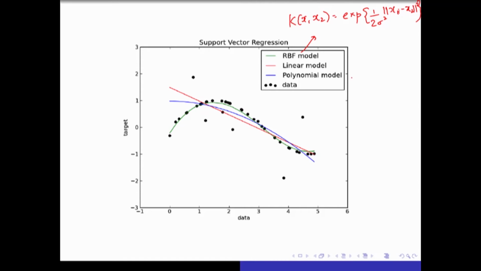The polynomial model has a finite dimensional representation, which is nothing but (1 plus x1 transpose x2) raised to some power d. It isn't too bad, or at least much better than the linear fit. The linear model is our standard x1 transpose x2.